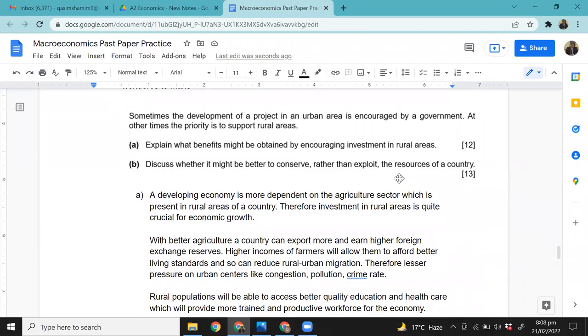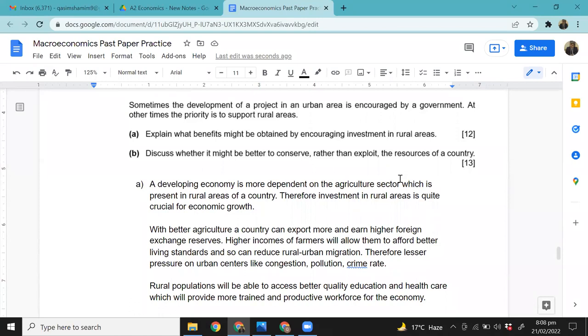Any confusion? So this is the entire debate that you need to talk about, right? In a nutshell, if you're exploiting more resources, then your current generations will have higher living standards.